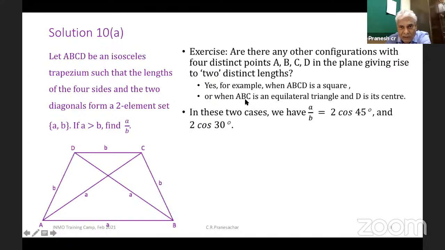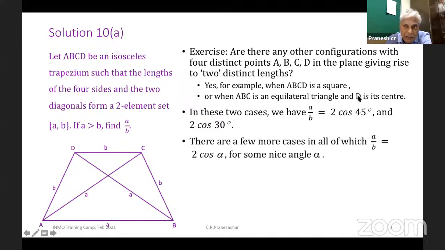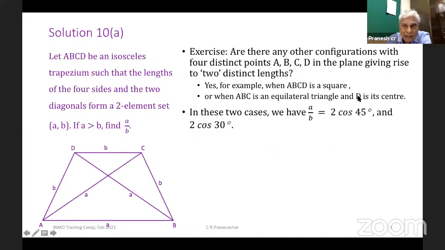That is one length, small a, and the distance from D to the vertices will also be equal, and that will be the smaller length b. So there a by b will be, for the triangle, 2 cos 30, that you can easily find out, and for the square it is 2 cos 45, because this ratio is root 2, and 2 cos 45 is also root 2.